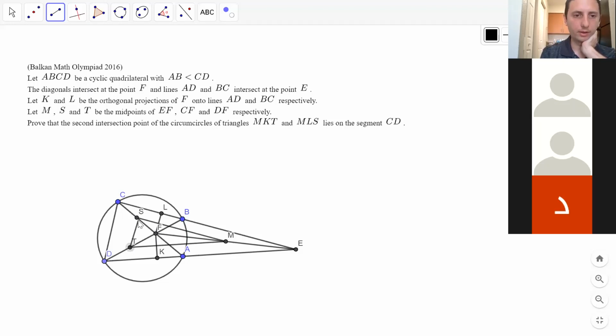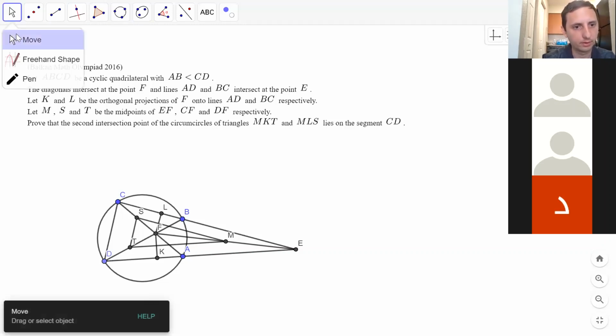So a homothety about F means that triangle MST is similar to ECB, which is similar to EBA. So MST and EBA are similar. It's kind of interesting. I wonder if this is just some kind of Miquel point idea.